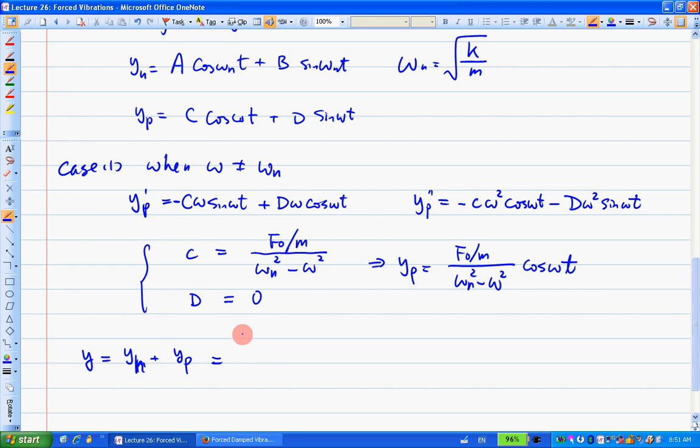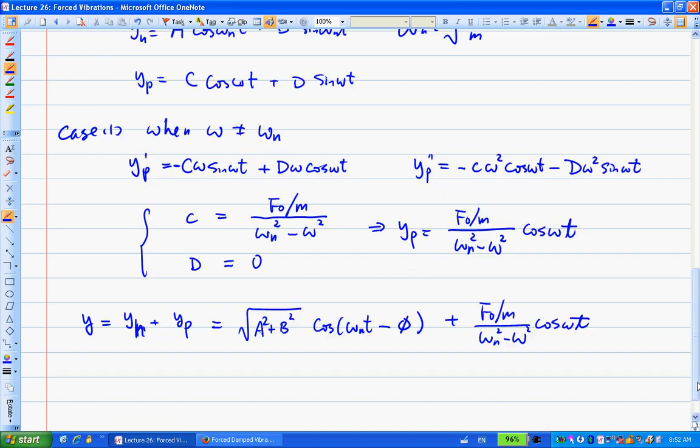The way to combine is the magnitude becomes the square root of A squared plus B squared, then you have cosine omega n t minus a certain phase. YP is still that term over there. So that's the general solution here.